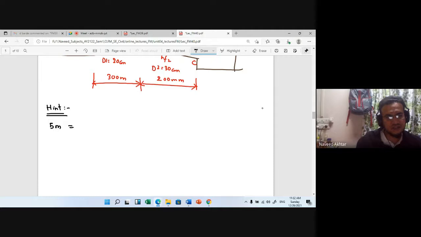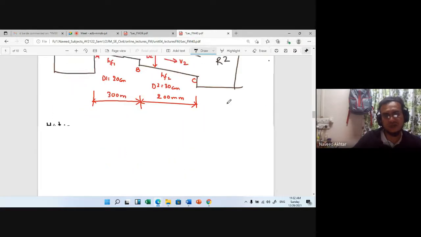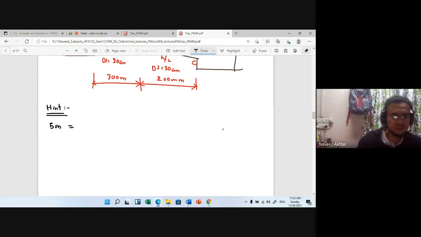This difference may be written as P1 minus P2 upon gamma. So this difference is nothing but 5 meter, the total difference between reservoir 1 and reservoir 2. So how many losses make up this difference?